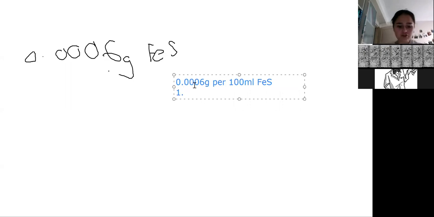Okay, so we're going to do FeS. Can you see my screen? I don't have an equilibrium sign, but the arrow has to be equilibrium. And we're going to get Fe2+ and S2-. Do you agree with me?